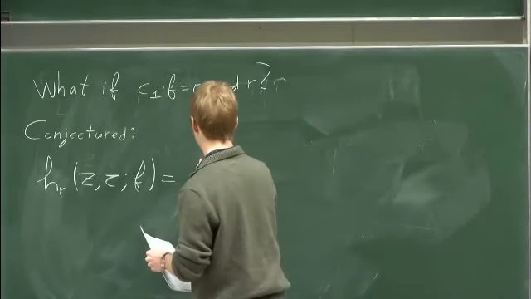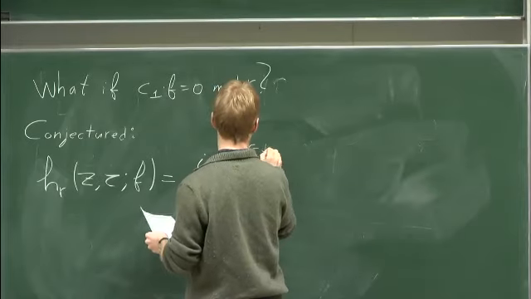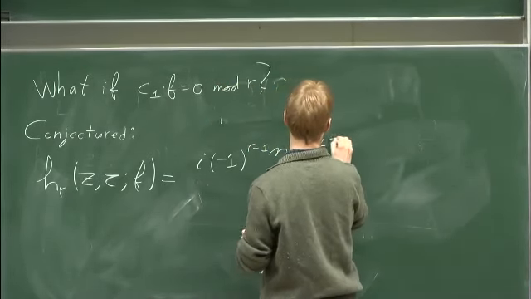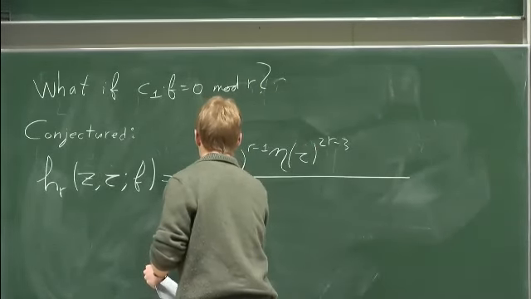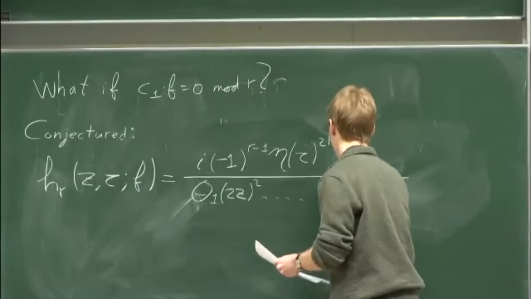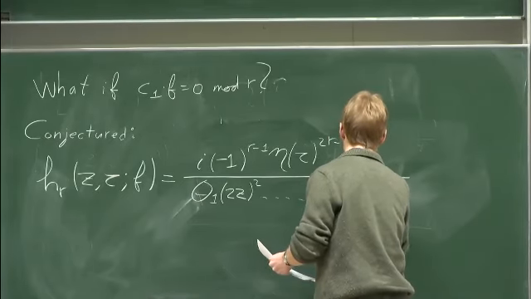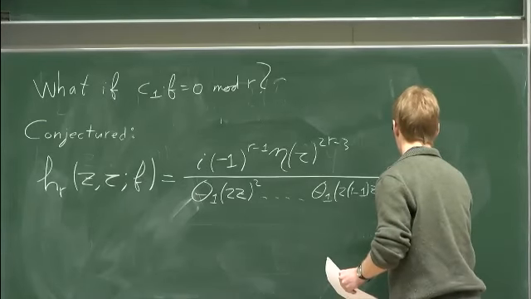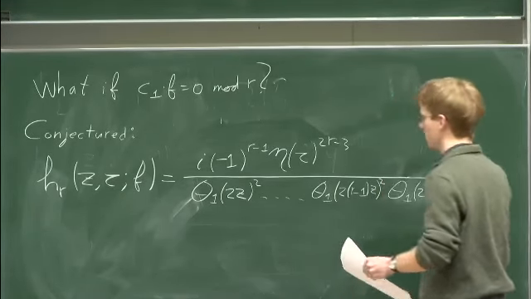So I define the following generating function: minus 1 to the power r minus 1, with tau to the power 2r minus 3, divided by theta 1 of 2z squared, and then all the way to theta 1 of 2r minus 1 times z squared, and then the last one will just be a single power, theta 1 of rz.